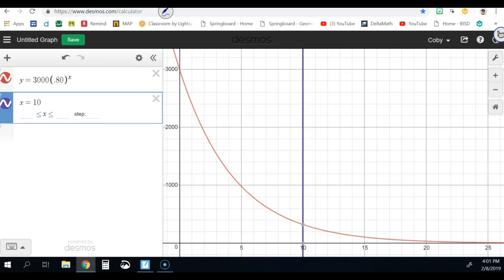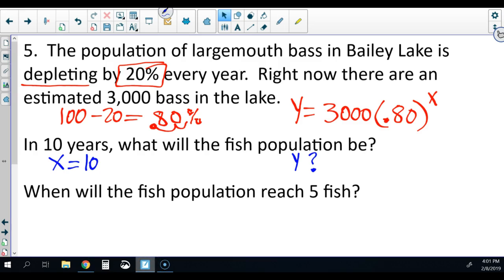So in 10 years, I see the line, it made this blue line here, the intersection point, 322 fish. I brought that up earlier. I didn't even realize what the question was whenever I looked at that number. But about 322 fish.